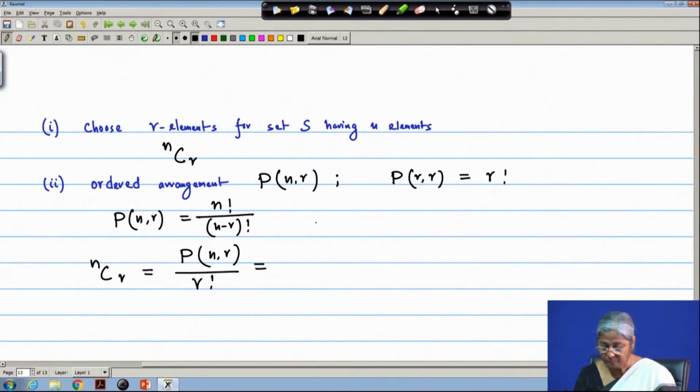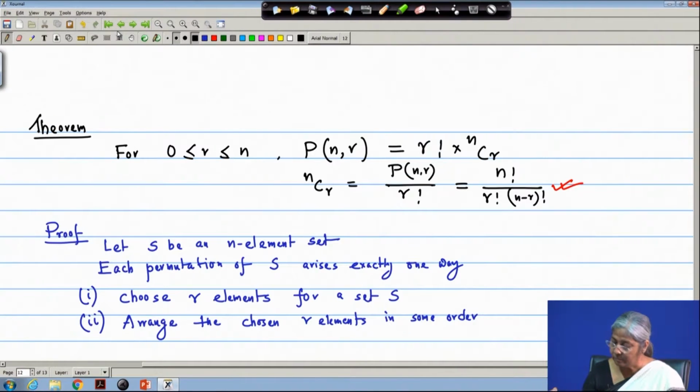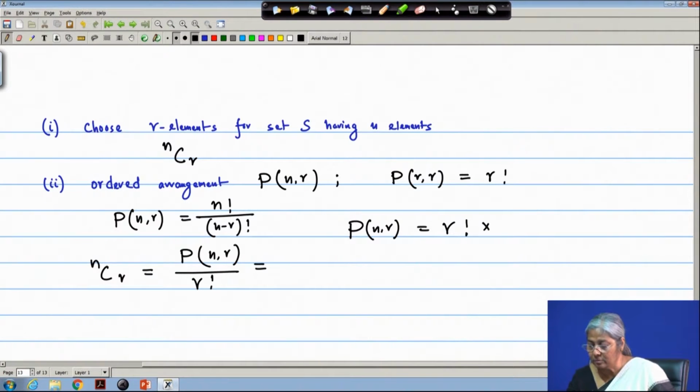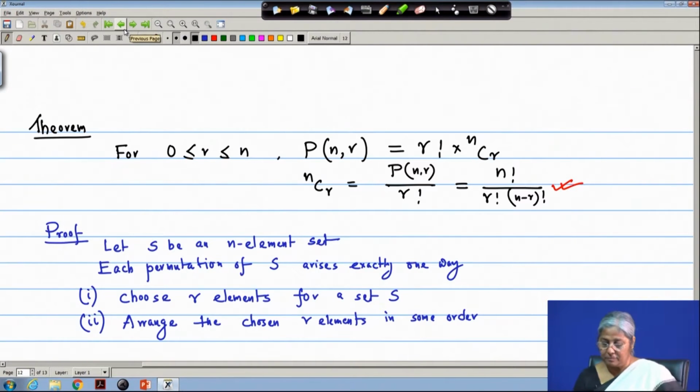Yes, I can write that this NCR is PNR by R factorial, or actually I should write this first: PNR is R factorial into NCR, because two steps I have written: choose R elements from a set S and arrange the chosen R elements. Arrange the chosen R elements means this is PRR.